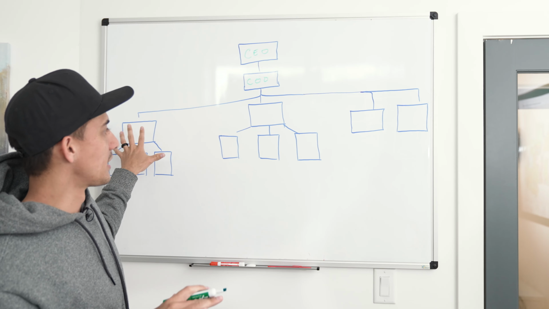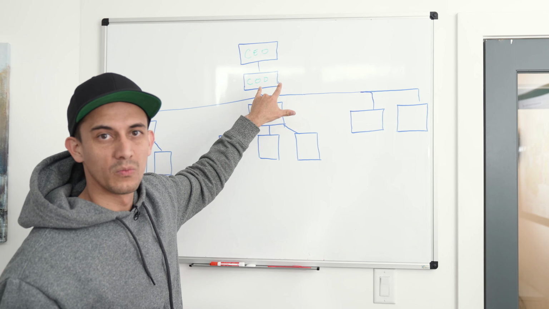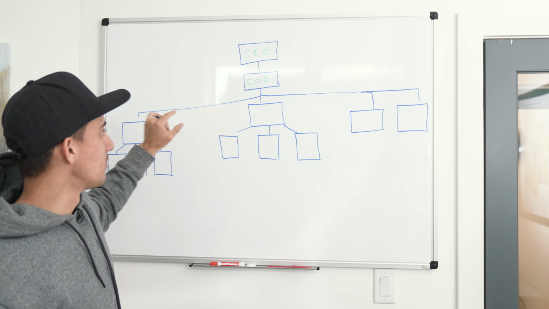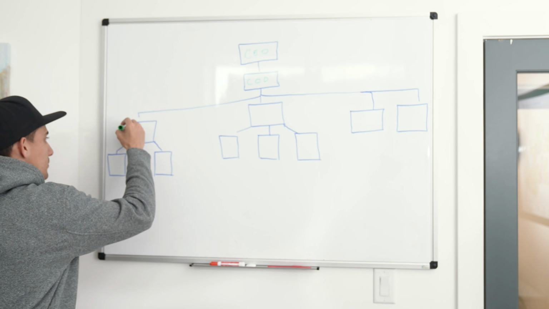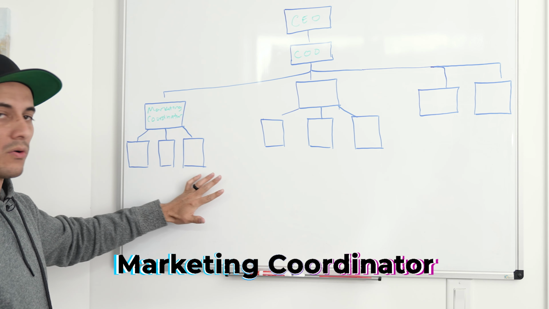You're going to notice that there are some other roles that answer to the COO. The first role is marketing. Your marketing coordinator is going to oversee 3 other roles.